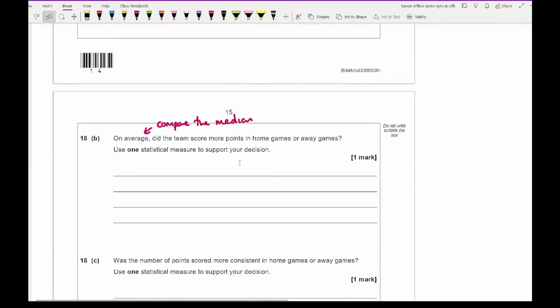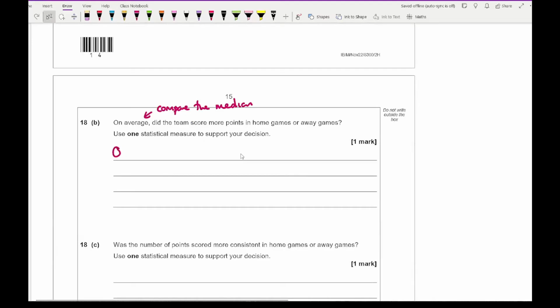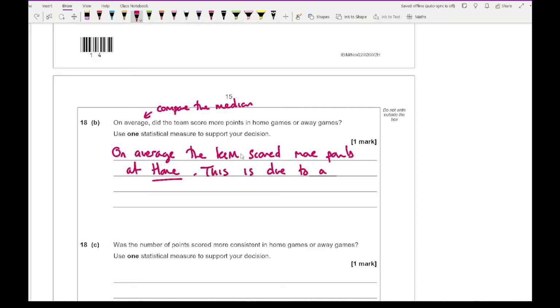So you could say on average, the team scored more points at home. This is due to a larger median for the home games.